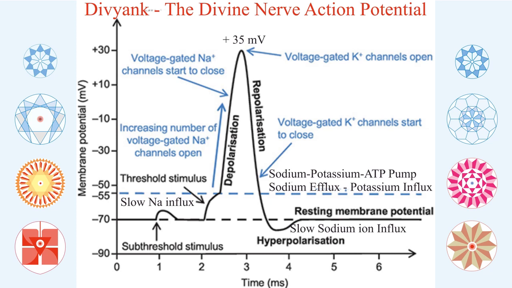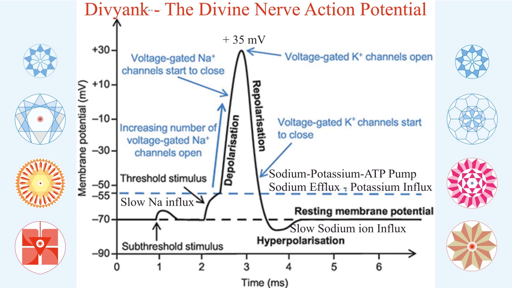We come back to the same picture. Now, in light of Divyank, we are going to understand this concept even better. Let's start. From minus 70 millivolt to minus 55 millivolt, there is a gradual curve, and that curve is due to influx of sodium ions from extracellular fluid into the intracellular fluid through slow, open channels.